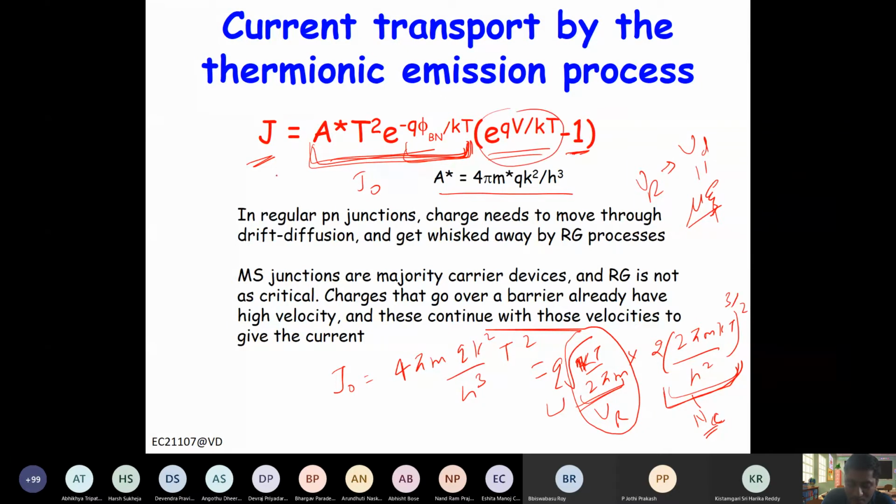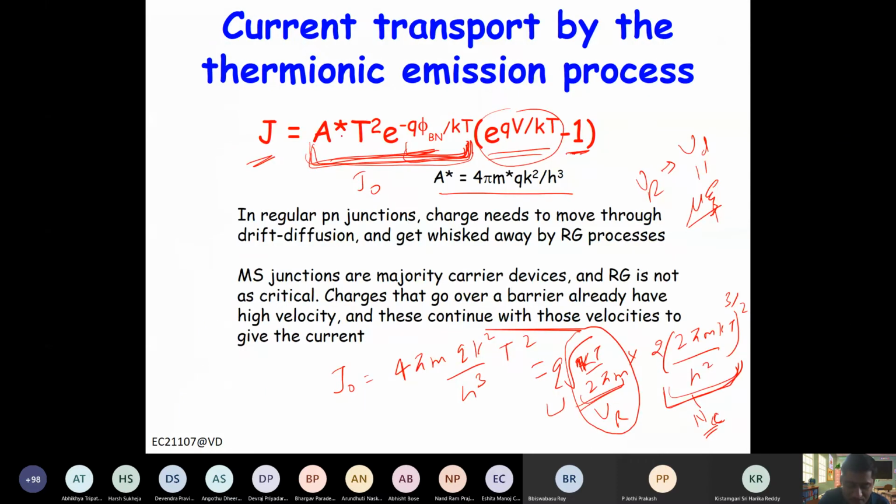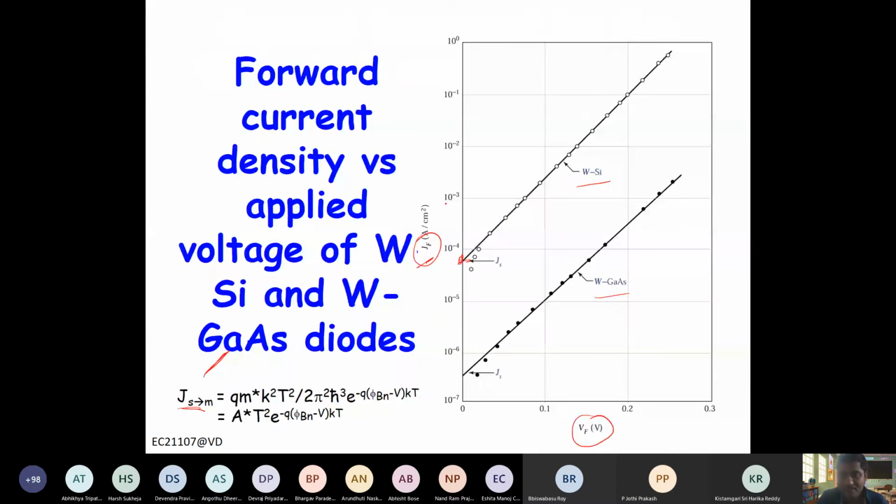And then when you plot on log scale, it is proportional to V, and this is the intercept, right? So your J naught will be the intercept, including this q phi and kT. So from the intercept, you know most of the things. You know the Richardson constant, temperature. We can calculate the potential barrier, right? So the barrier height can be calculated from the saturation current, which is obtained from the y-intercept.